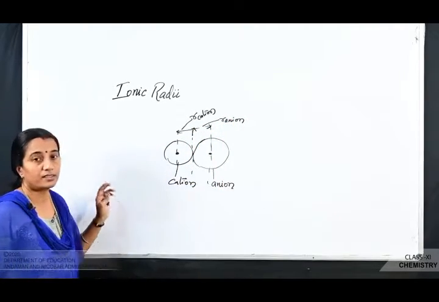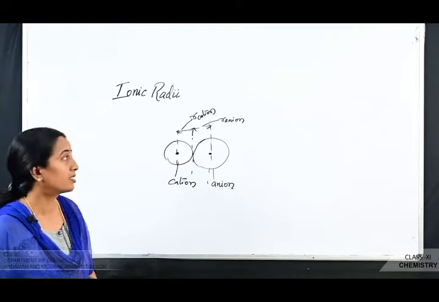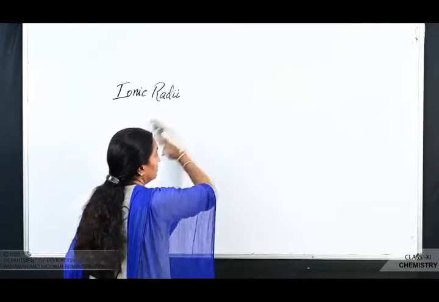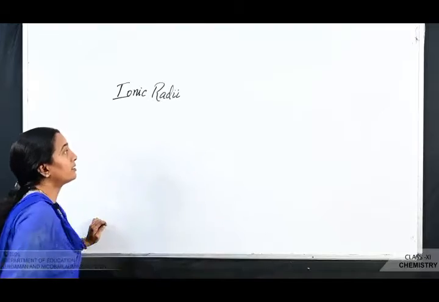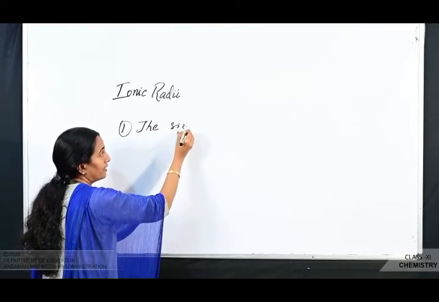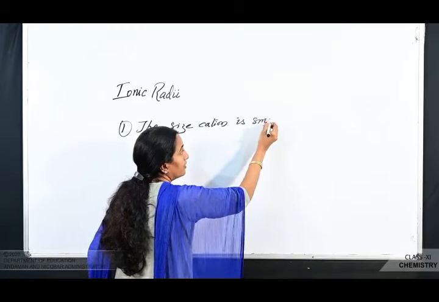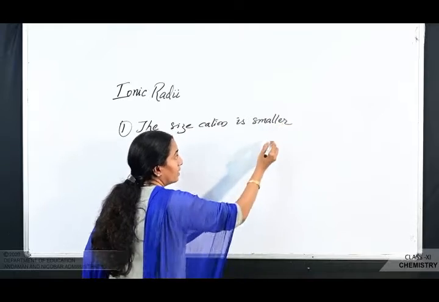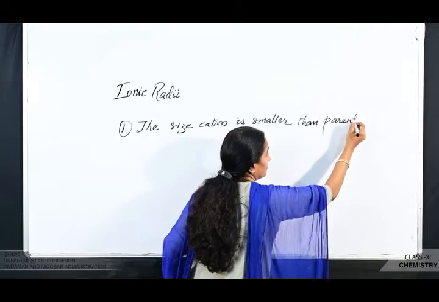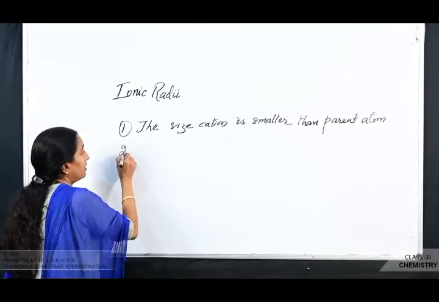Okay, and this study of ionic radii leads to two important facts. Let us see the two important facts. The first one is the size of the cation is smaller than the parent atom, and the reverse is true for the anion.